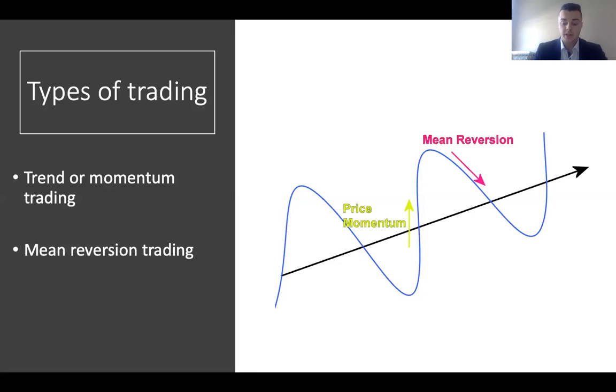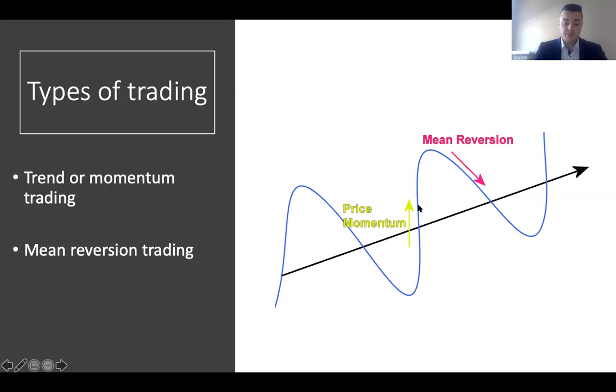And if it was already going down, we would assume that it will continue to go down. In the chart below, we see an example of price momentum or trend. So let's say the market is here right now. The trend, which is a black arrow, is going up. So we would assume that the market will go up, thus we'll buy.